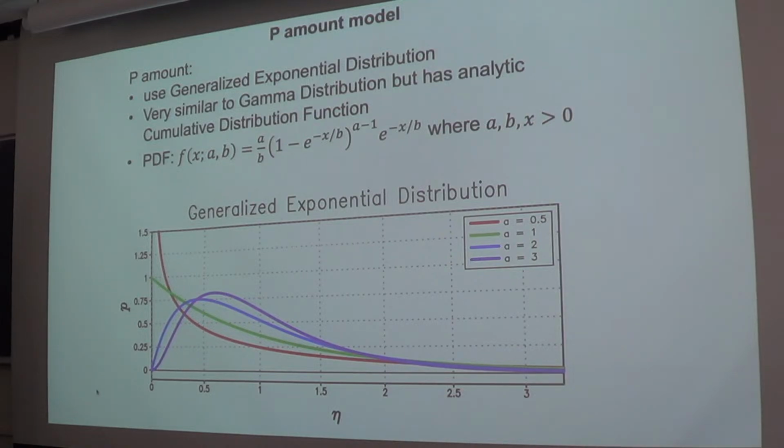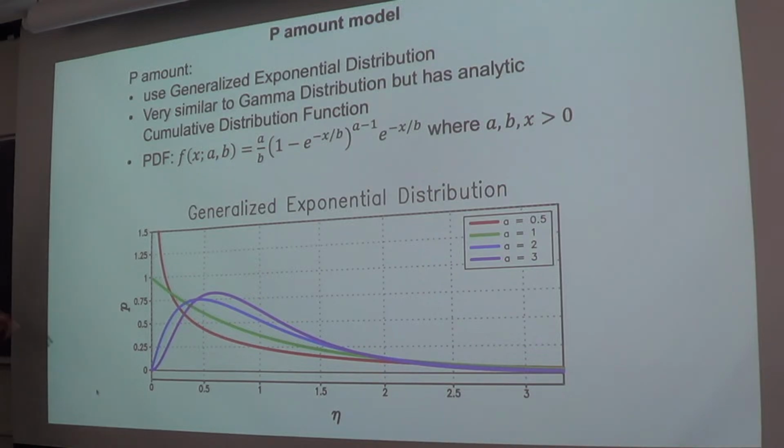Basically, it has two parameters. One's a scale parameter. So if B changes while A is fixed, it has the exact same shape. It's just determining how far off the origin it is. And then there's a shape parameter, which is demonstrated here.